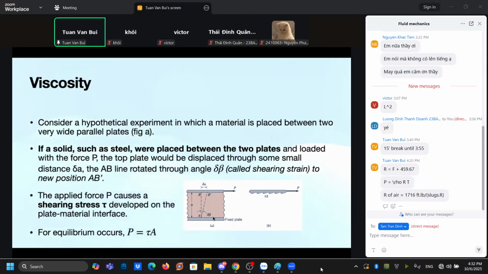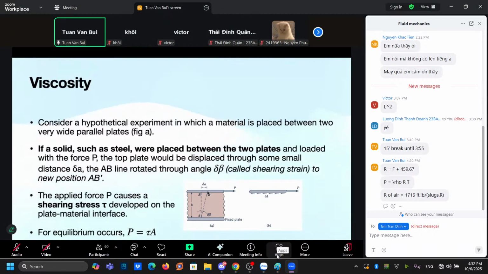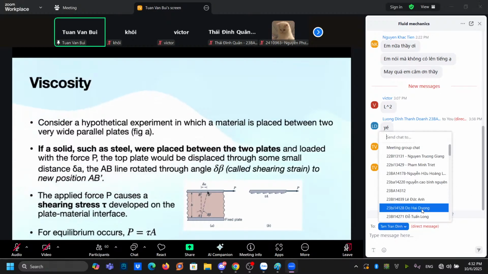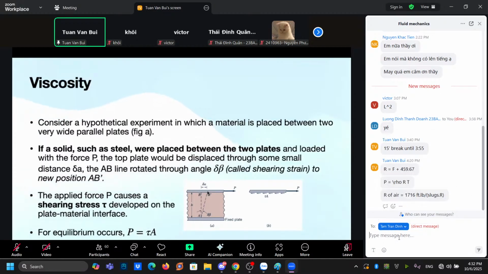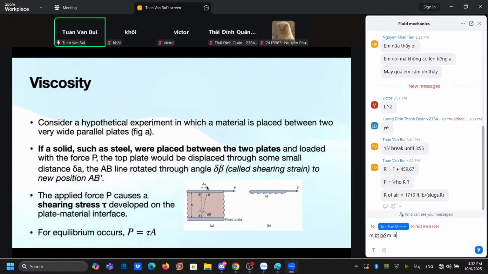The bottom plate is fixed, and the top plate can move freely. If a solid like steel were placed between the two plates and loaded with the force P, the top plate would be displaced a small distance, delta a.